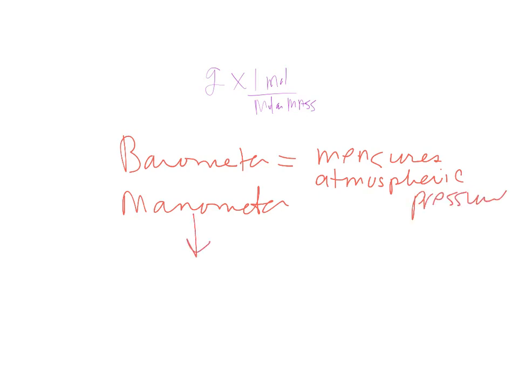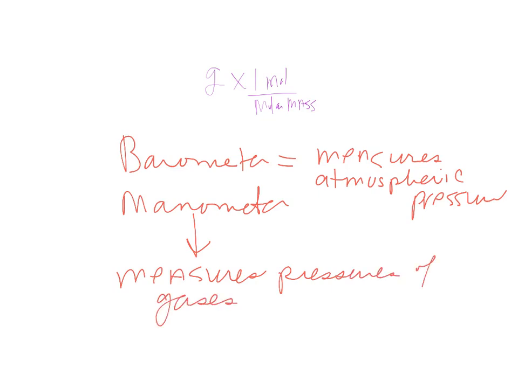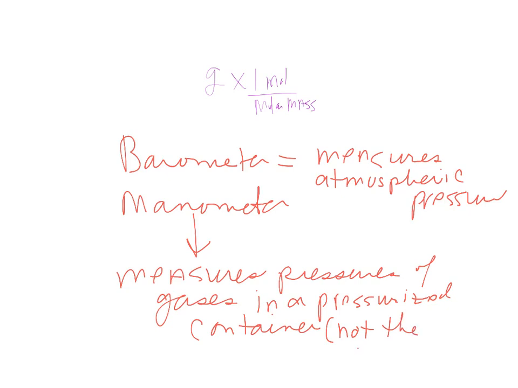And the manometer measures the pressure of a gas in a canister of gases other than the atmosphere, in some kind of pressurized tank. So some other gas, not the atmosphere, like a tank of carbon dioxide or oxygen.